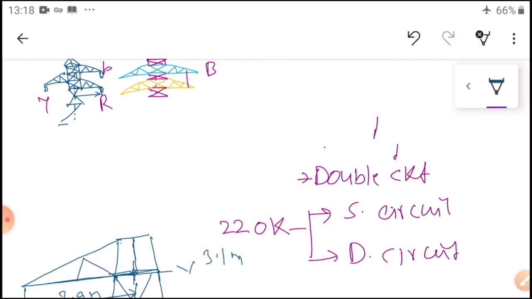Here I am going to extend the length, equal to 3.1 meters, from this place to this place.